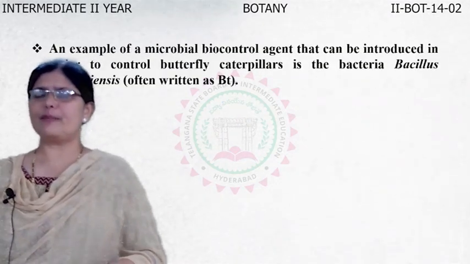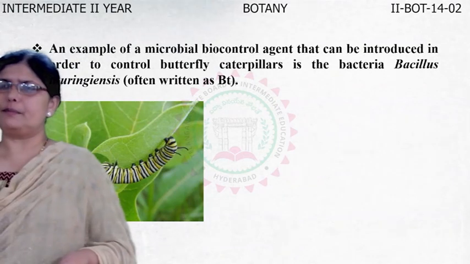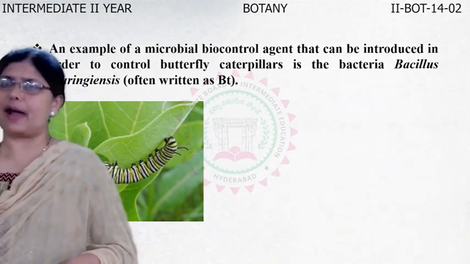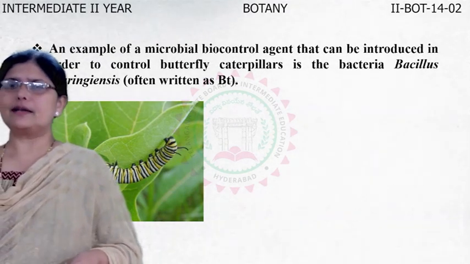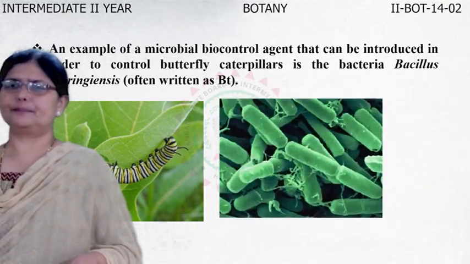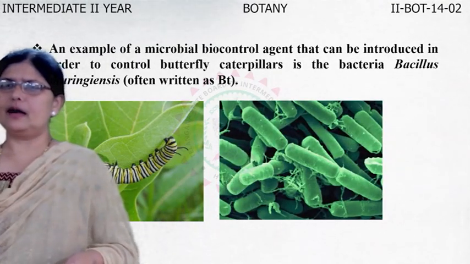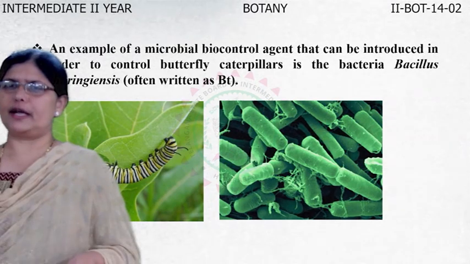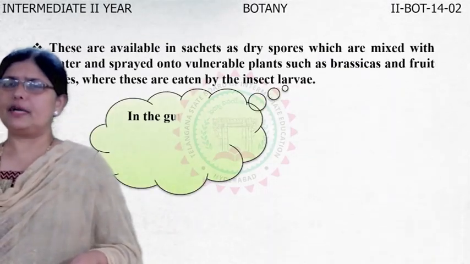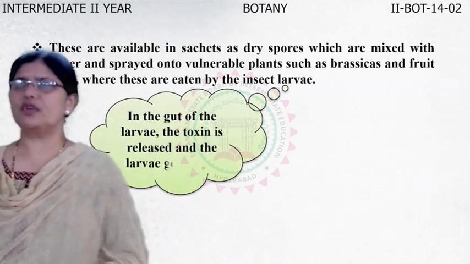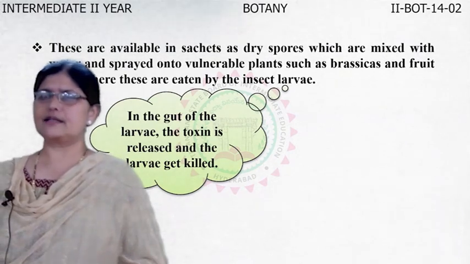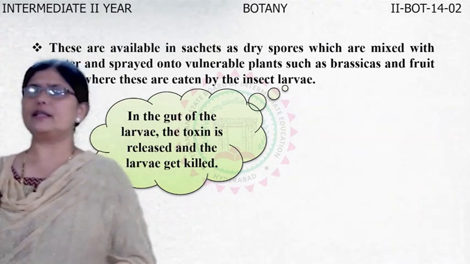An example of a microbial biocontrol agent that can be introduced in order to control butterfly caterpillars is the bacteria by name Bacillus thuringiensis, often written as BT. So this bacteria acts as the best biocontrol agent. These are available in sachets as dry spores, which are mixed with water and sprayed onto vulnerable plants such as brassicas and fruit trees, where they are eaten by the insect larvae.